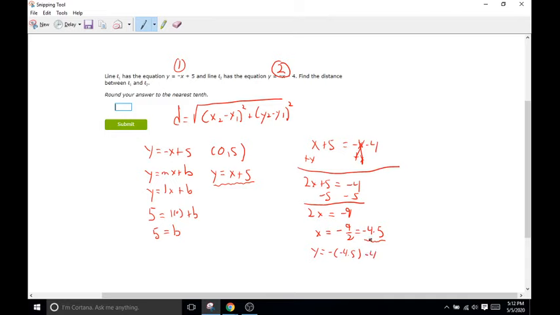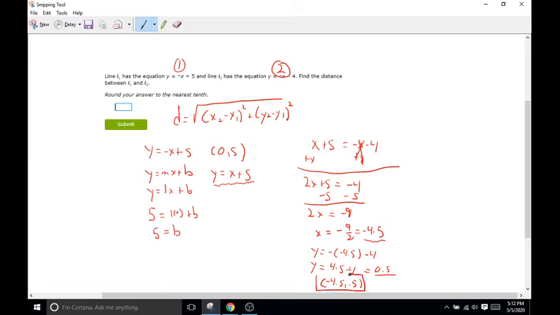So I just plugged that negative 4.5 into our original second equation. And that's going to simplify to -4.5 minus 4, which equals 0.5. So y is going to equal 0.5. So the second point that we are going to plug into our distance formula is going to be -4.5, comma 0.5.